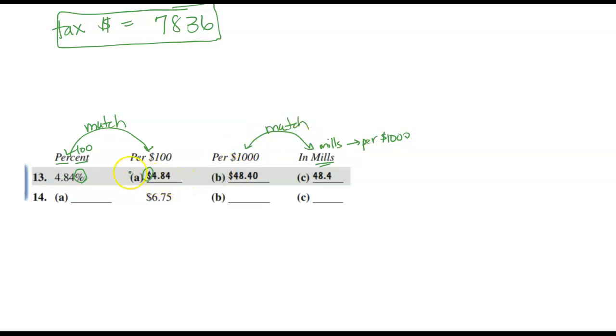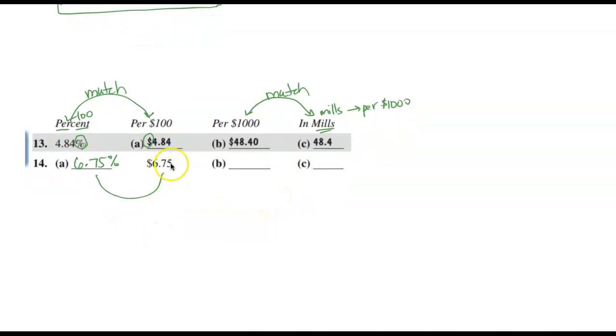Okay. Let's take a look at question 14. $6.75 per 100 would match with 6.75%. Now to get this part, I'm going to use a quick proportion. And I'm going to take that $6.75 per 100, and I want to find how much it's equal to per 1,000.